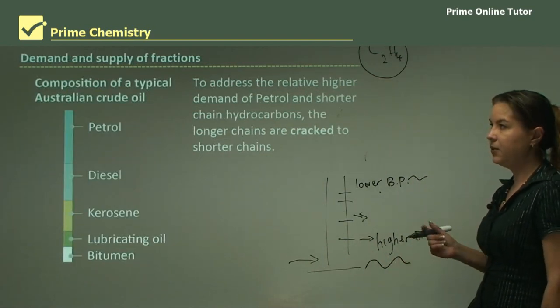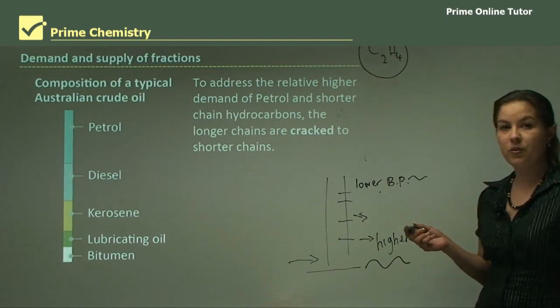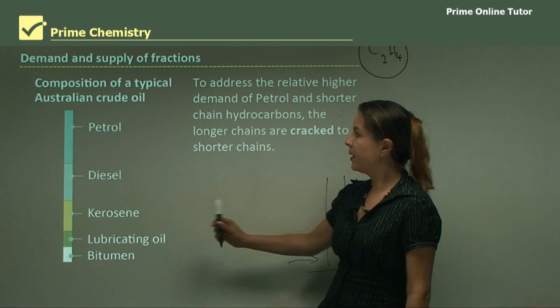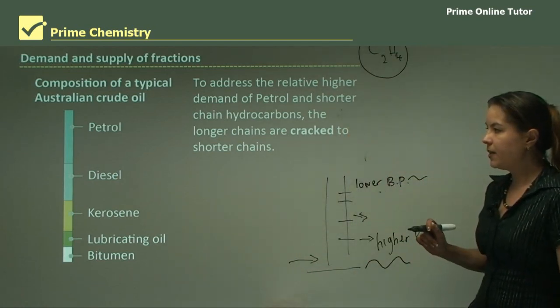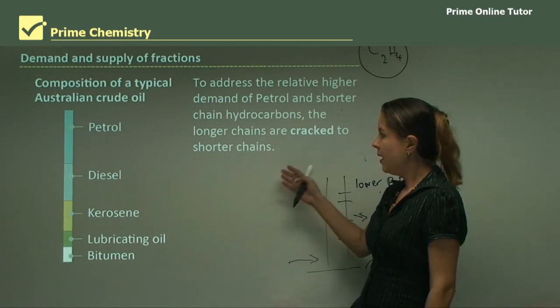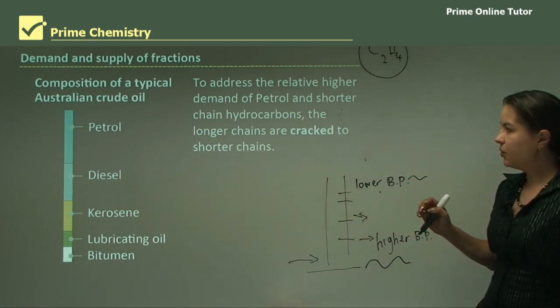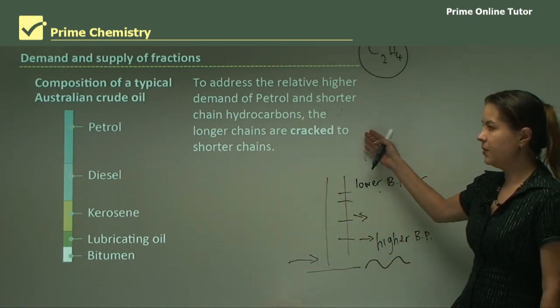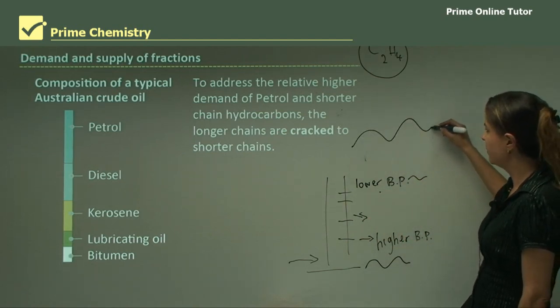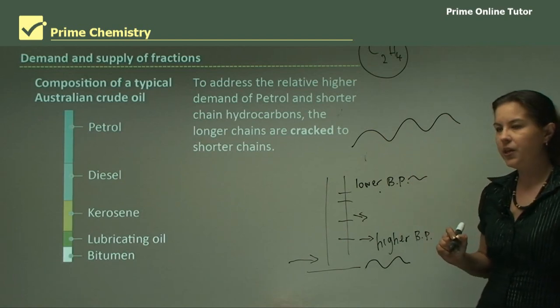So now let's look at the composition of typical Australian crude oil. Now the majority is petrol, there's some diesel, some kerosene. But what I want you to take from this diagram is that there's many different things in crude oil, and unfortunately, the shorter chain hydrocarbons, there aren't too many of them. We get lots and lots of longer chain hydrocarbons, but not too many shorter chains.